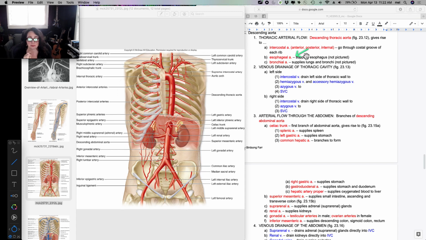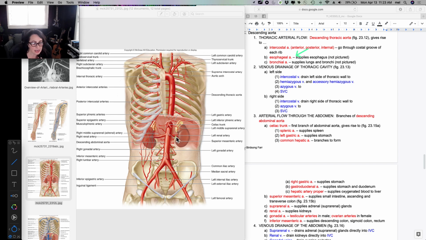And then arteries called the bronchial arteries, and the bronchial arteries supply the bronchi because those are parts of the pulmonary system, the respiratory system, that don't do gas exchange with the external environment like the alveoli do. So they actually need systemic blood supply. So just to the bronchi, not all the way down into the deeper portions of the lungs. So neither of those are shown on that picture.